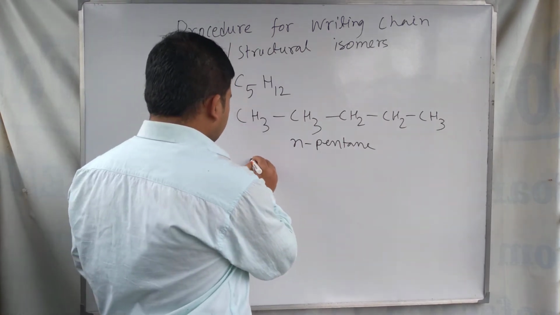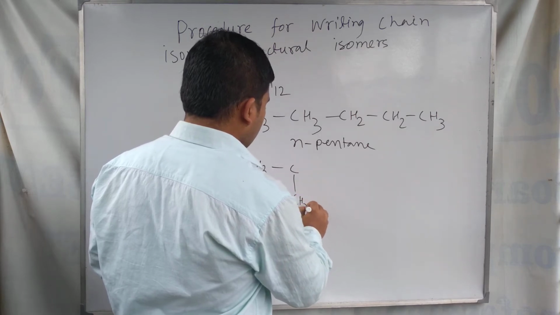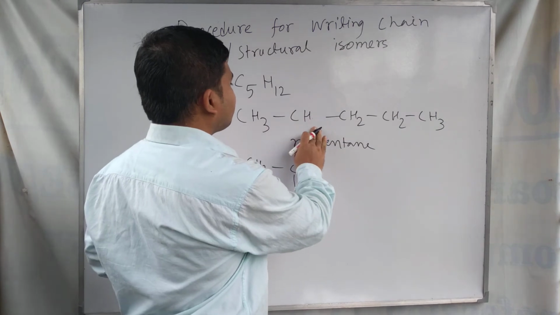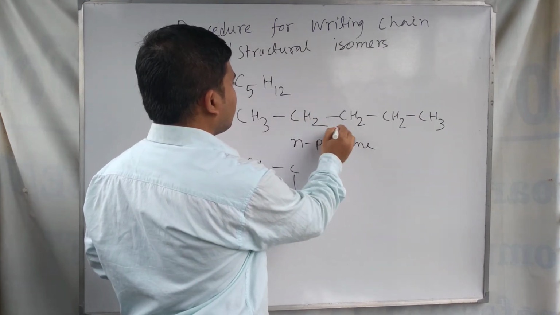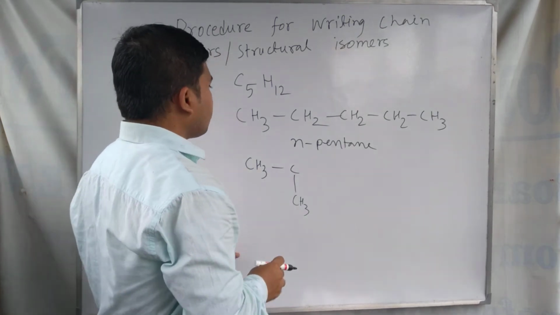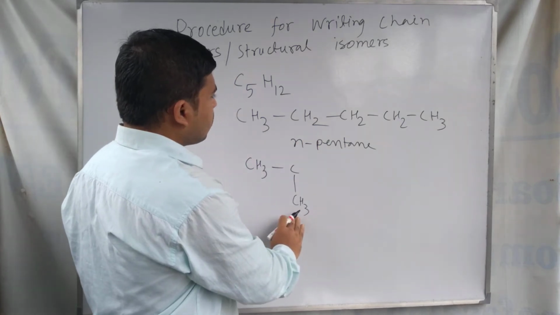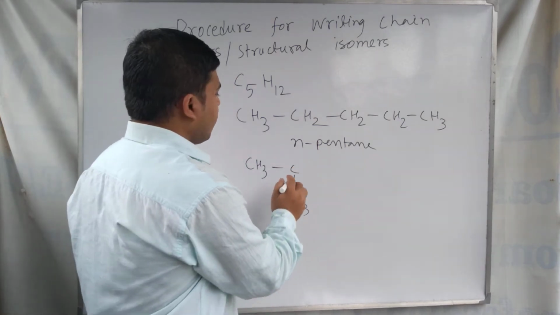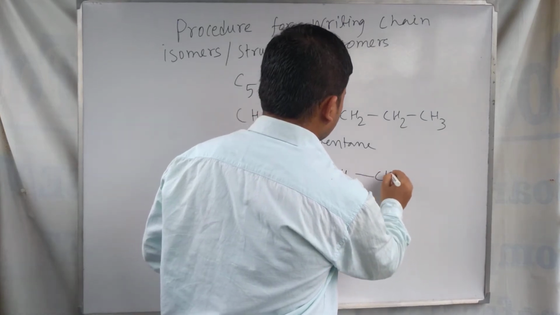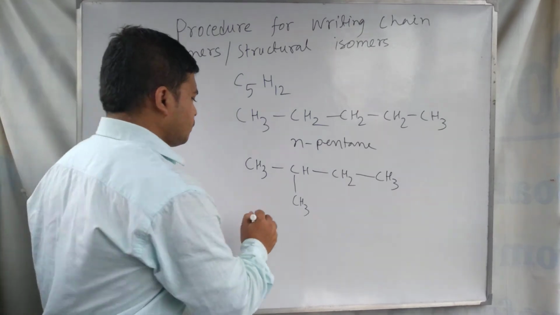After that, sorry, this one is CH2, I am making a mistake here. So you have to put this CH3 group in the branch chain, and this one is called isopentane.